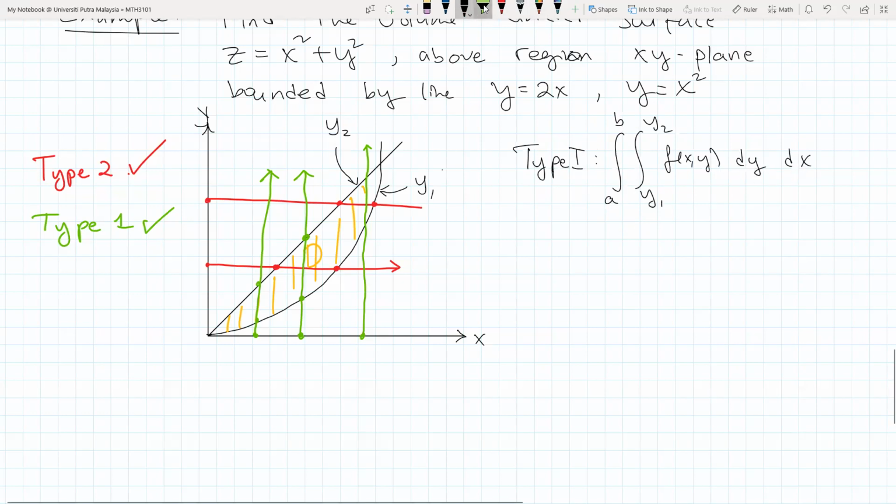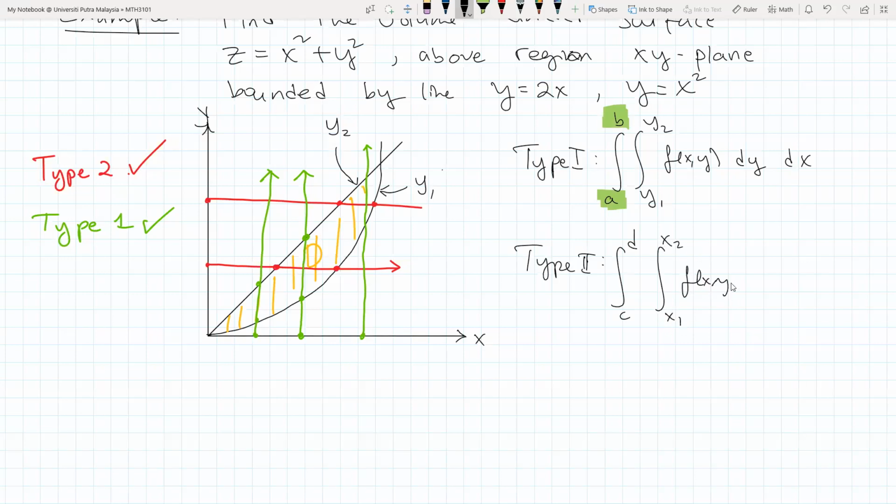So I need to find the boundaries on x. But if type 2, it is from c to d, x1 to x2, f(x,y) dx dy. So I need to find the boundaries for y. Both are possible, but I need to find either cd or ab.